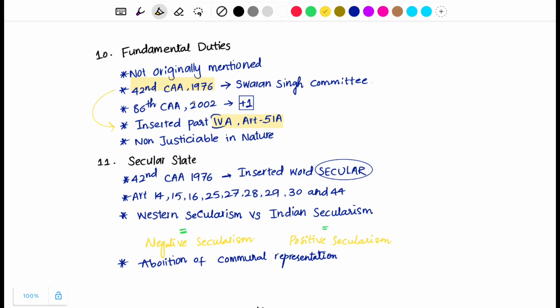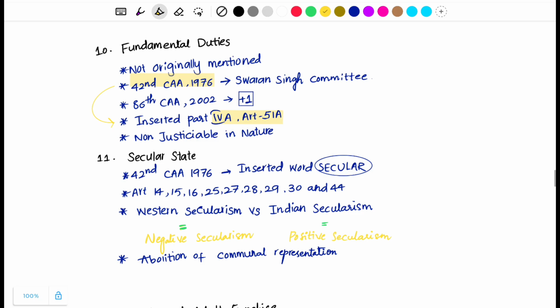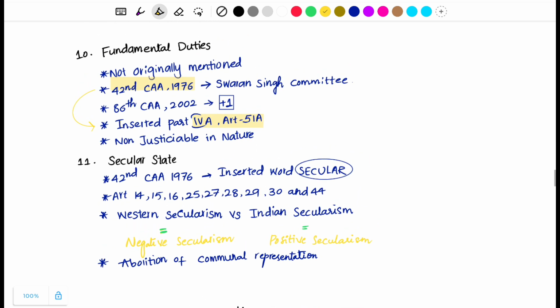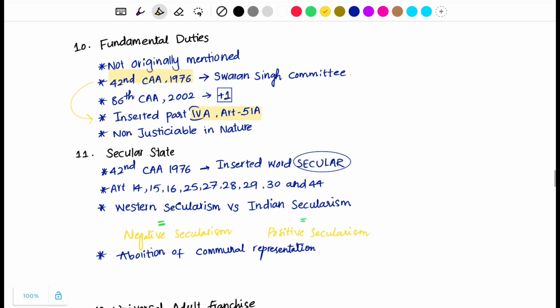The 86th Constitutional Amendment Act of 2002 added one fundamental duty. There are altogether 11 fundamental duties in the Constitution right now. Originally, the Swaran Singh Committee recommended 10 and 10 were added. Now there are 11. These fundamental duties, as I have said, are not justiciable in any court.